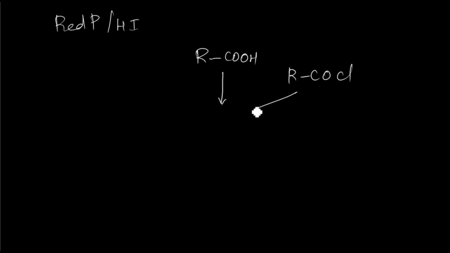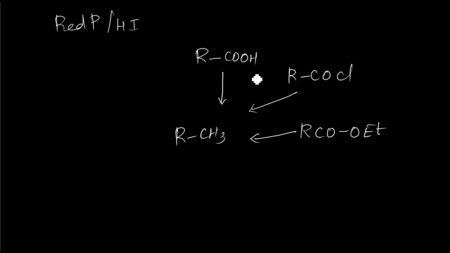Then the next reducing agent is red phosphorus with HI. It is again a very strong reducing agent. If I am treating RCOOH with red phosphorus, or RCOCl with red phosphorus, or RCOOEt, that is an ester, with red phosphorus, or an alkyl halide also, these will give RCH3.